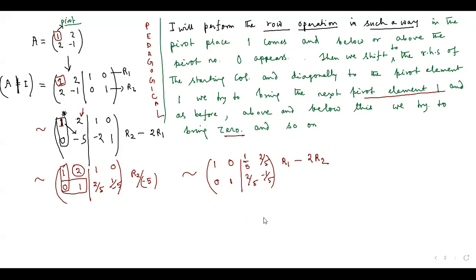Ultimately, on the left hand side, we have got I. On the right hand side, we got a matrix B. And you see, this matrix is our actual matrix that we found by the determinant process, by the online calculator, by the software. And now we have found this particular thing by the rank method.